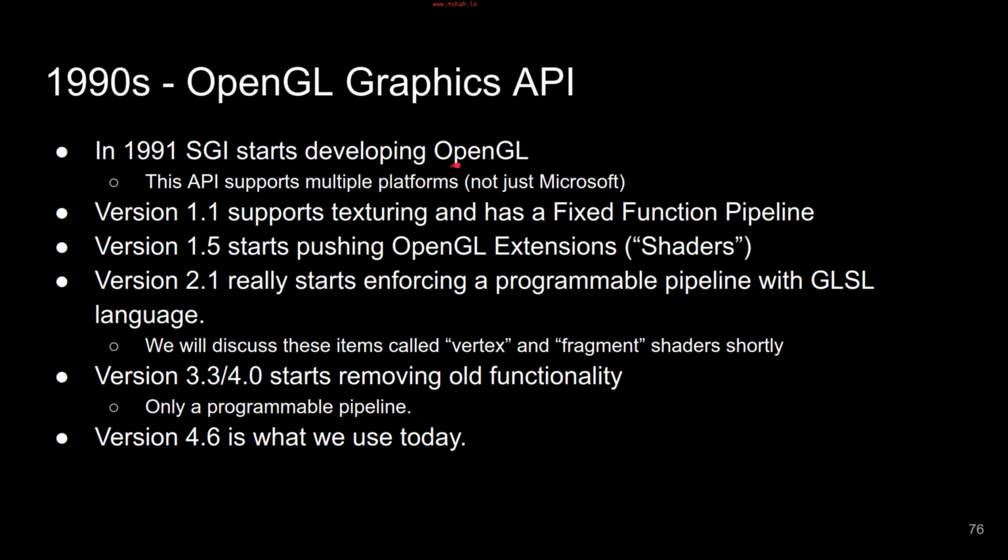OpenGL, which we're going to be talking about, started emerging in 1991. That means it's about 30 years old since its development, and it went through many different versions. We'll talk about what these versions mean. But it's been in evolution for a long time, since the early 90s. So it's a very well-known, well-supported, probably not going anywhere API that we can rely on. And it's gone through an evolution following what our graphics hardware has enabled us to do.